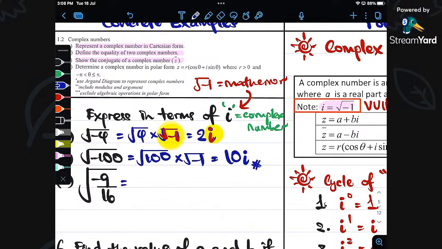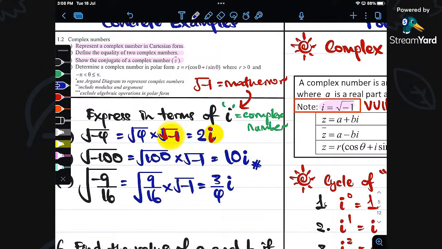Next question, I think you can do it also. So you separate the number 9/16, the positive value, and then you times it with square root of -1. You pisahkan dia awal-awal and then you press the calculator, square root of 9/16, it is actually 3/4.